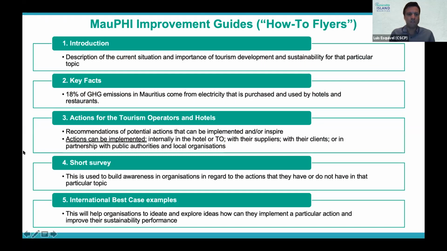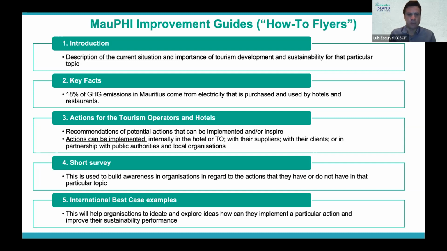The structure of each one of these how-to guidelines follows 5 main chapters. First, we have an introduction with a description of the current challenge or situation locally in Mauritius, and key facts that are needed to support the action on each one of these challenges.